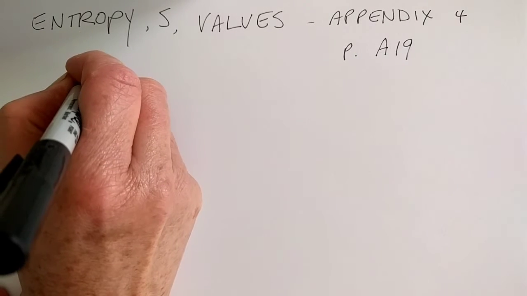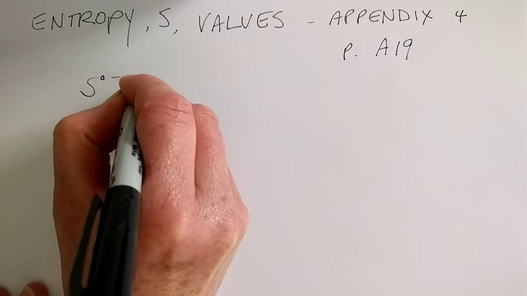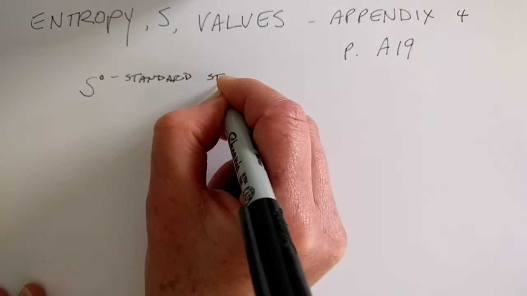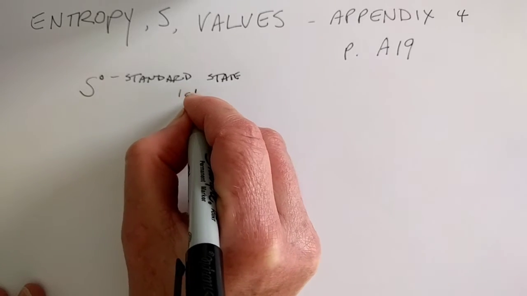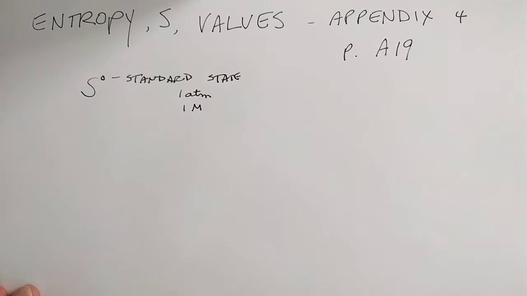So we have S0. That zero, remember, means that standard state applies, which you may or may not recall is 1 atmosphere for gases and 1 molar if we have a solution.